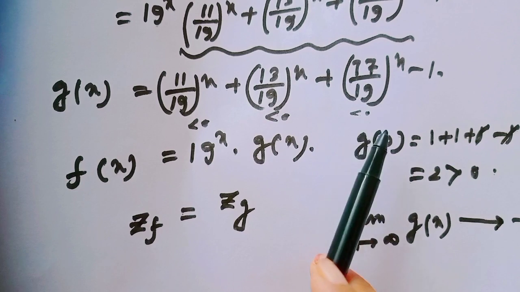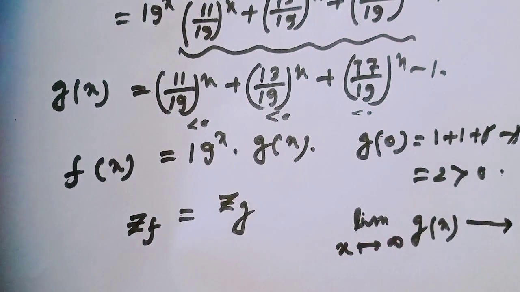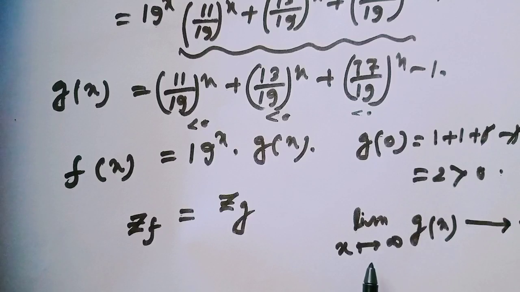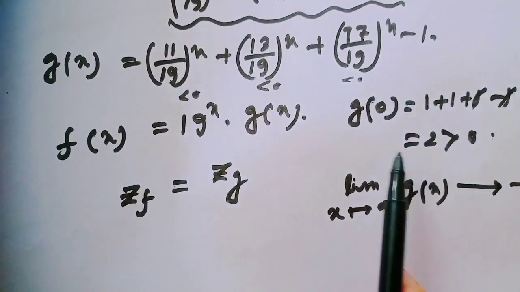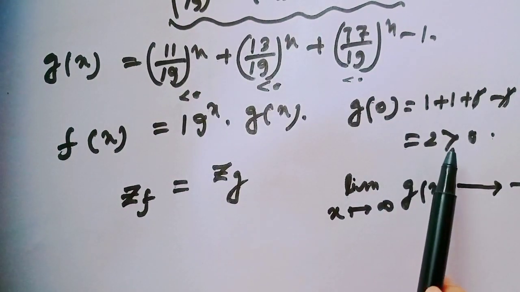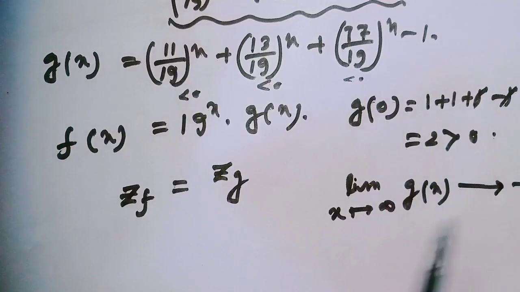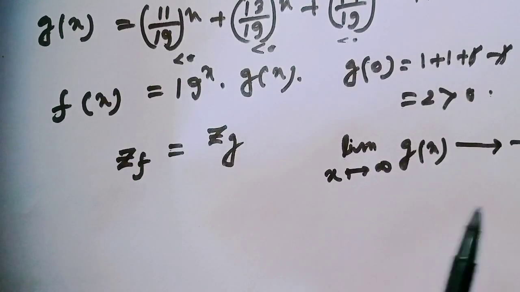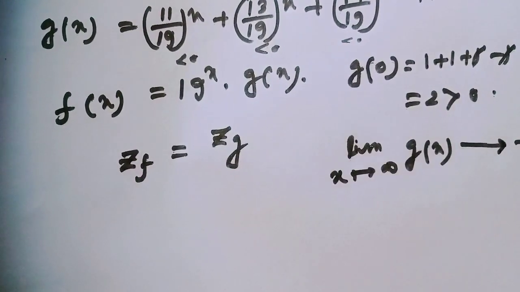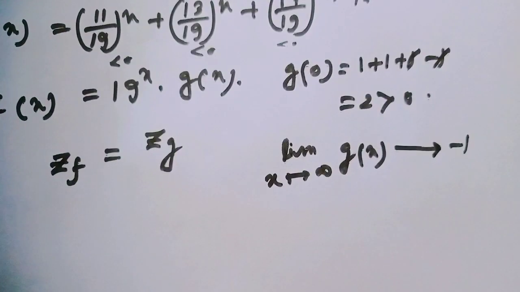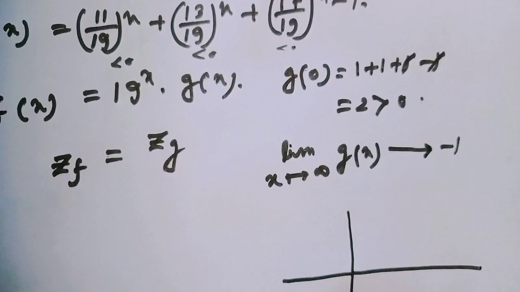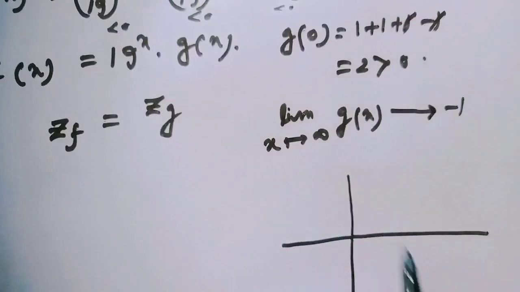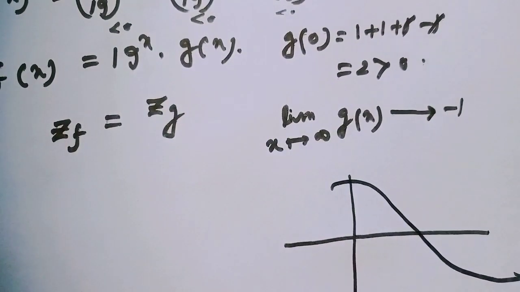So as x tends to infinity, g of x tends to minus 1. And here notice at the point 0 the value is greater than 0, and when x tends to infinity this approaches minus 1. Therefore this function looks like this.